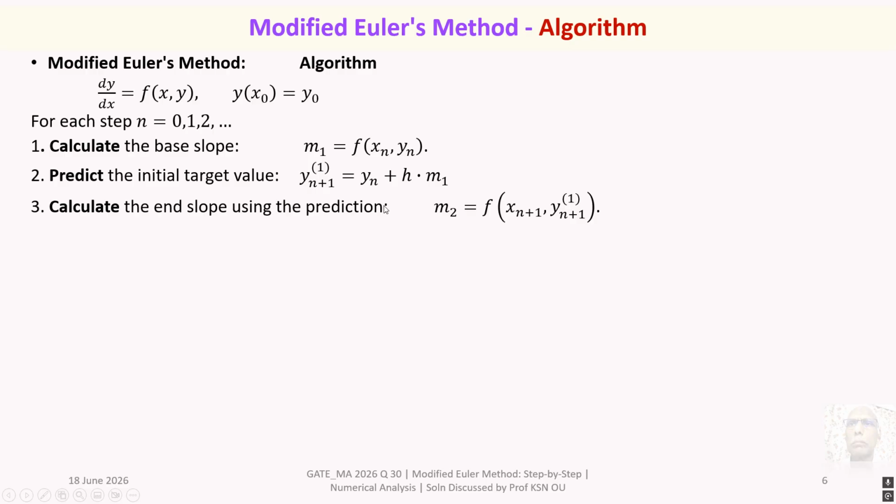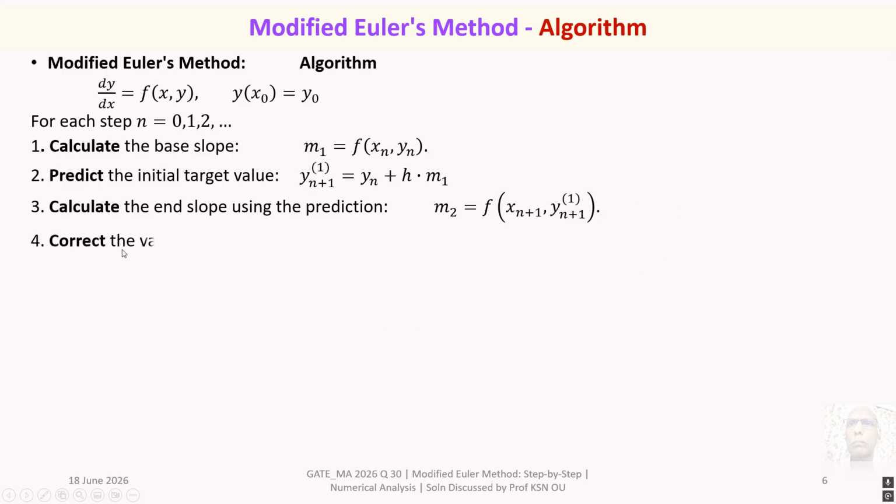Using this above prediction, calculate the end slope. The end point is xn plus 1, where xn plus 1 is xn plus h. m2, that is the slope, is equal to f of xn plus 1 comma yn plus 1 superscript 1.